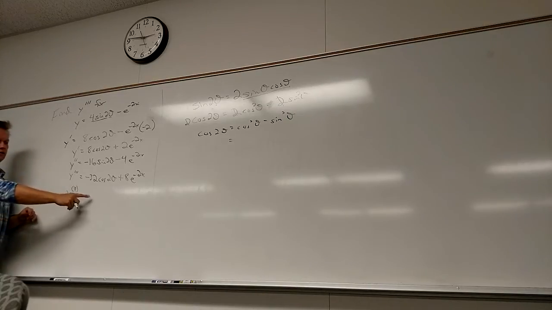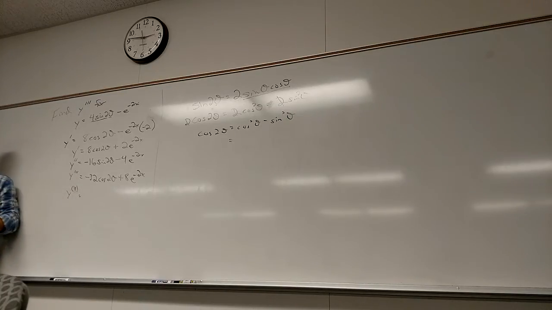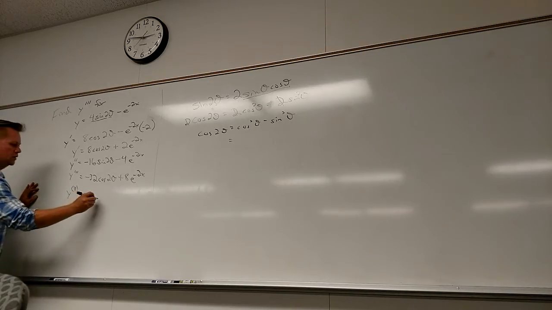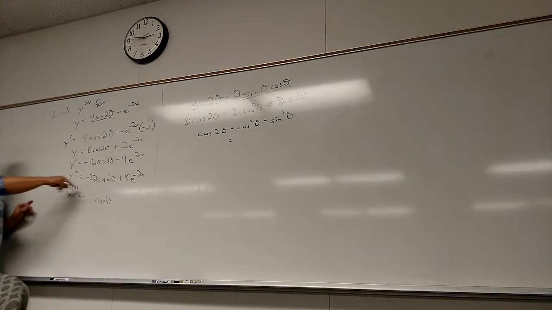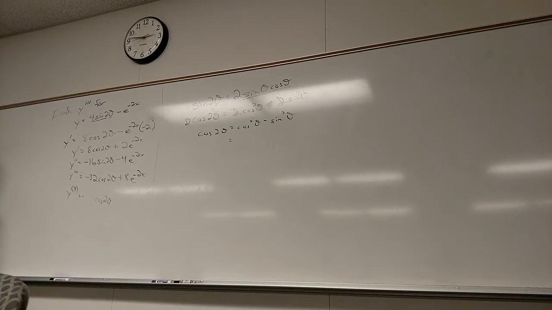So for the 4th one it'll be sine, cosine, negative sine, negative cosine. I know it's going to be negative, and it's going to be cosine. You have to double this: 4th, 5th, 6th, 7th, so it'll be 64, 128, 256, 512.